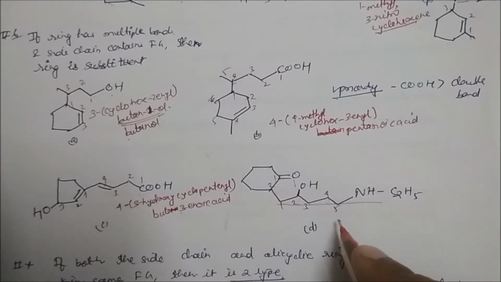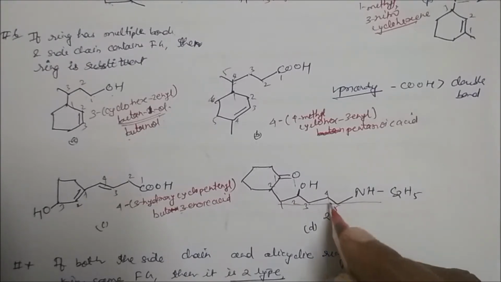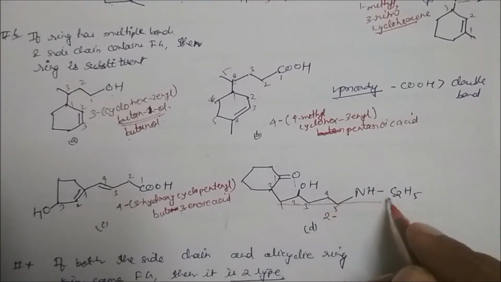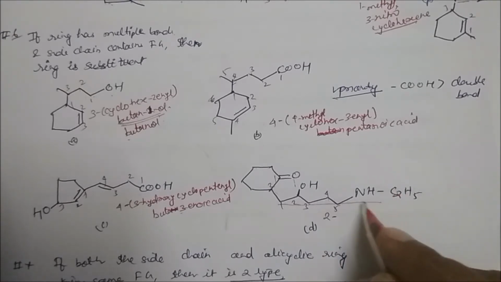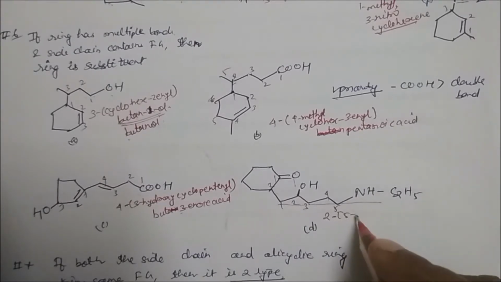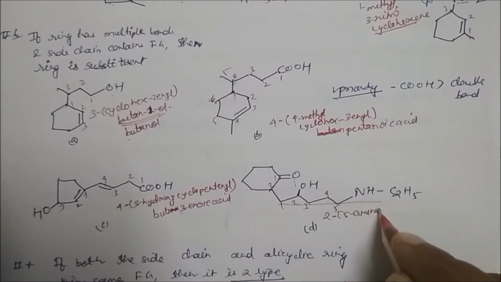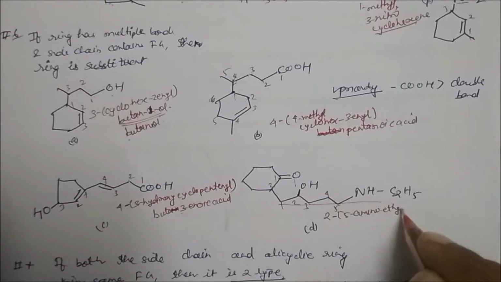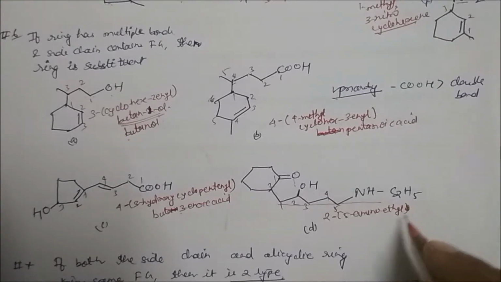We can write 2-dash, and the amino group is present on this ethyl group, at the 5th carbon. So we can write 5-aminoethyl, not in brackets.